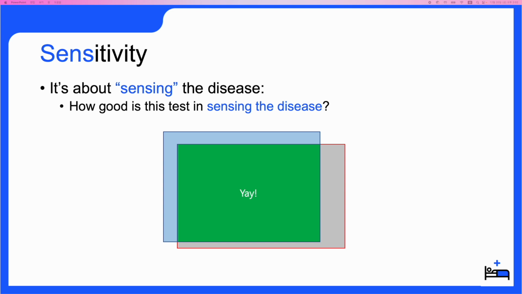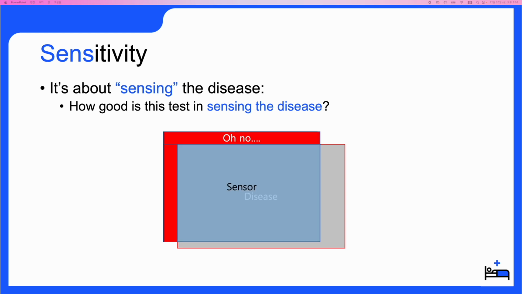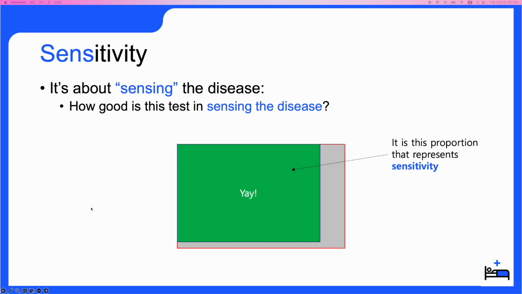The sensor could get the results right, sensing people with the disease correctly. And also, the sensor could be wrong, saying that people have the disease when they actually do not. So since our goal was to evaluate how good the test is in sensing the disease, the proportion of this green box out of all the population with the disease, which is the gray box outside, would be our sensitivity.